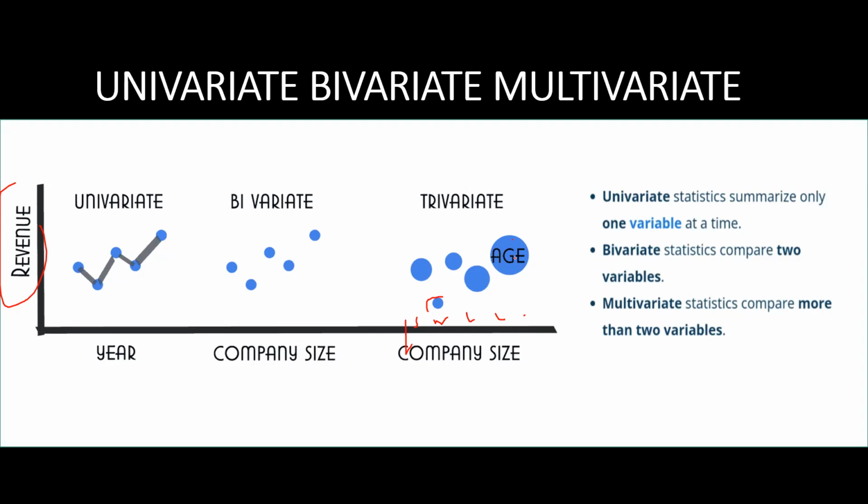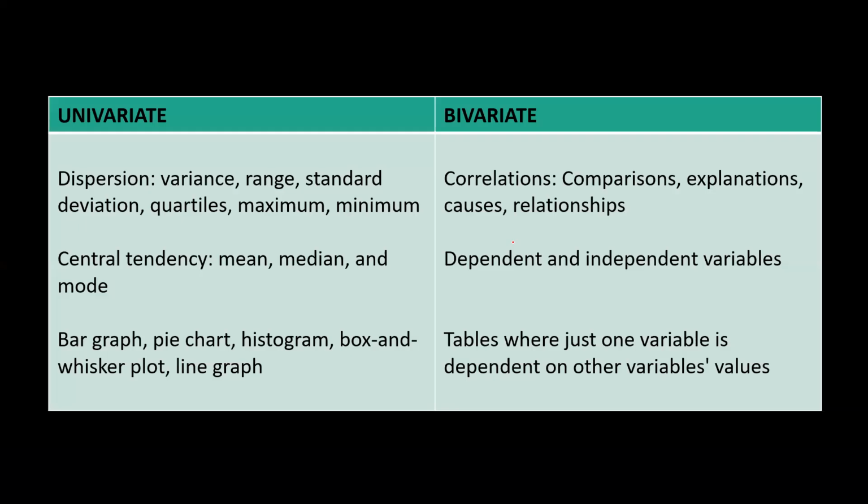So this company is bigger in size, older in establishment, and also had higher revenue. Typically, it is difficult to go beyond trivariate in our 2-dimensional view. So we'll stop our analysis at 3 variables at a time. You can talk about 1 variable, 2 variables, and at max 3 variables. We'll see different types of plots that we can use.